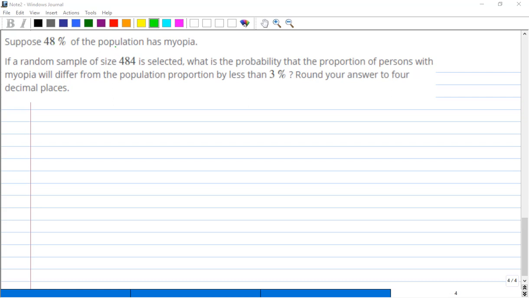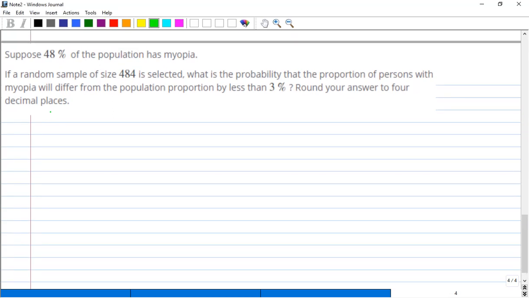So we're given the population proportion P is equal to 0.48. So that's like, it's talking about everybody alive, pretty much, on the whole planet. We're supposing that.